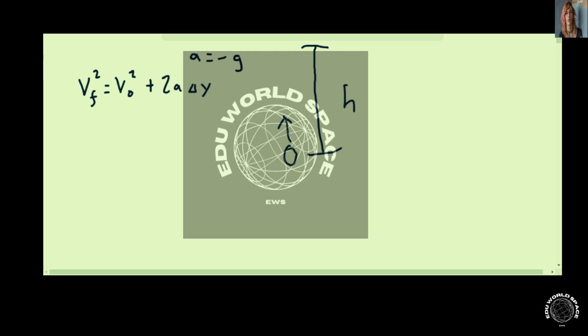We're looking for initial velocity, and our final velocity is when the projectile reaches the top. And so at that point, the velocity is going to be 0. So we're going to have 0 equals v naught squared minus 2gh. Solving for v naught, we see that v naught equals the square root of 2gh.